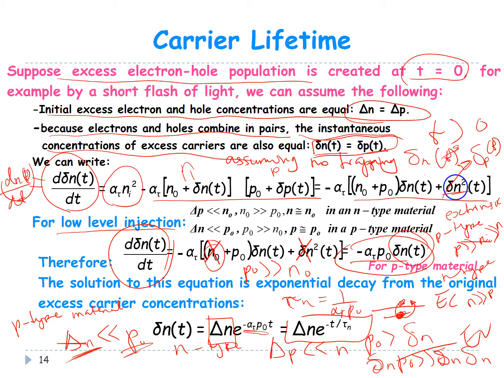So the excess electron carrier concentration decays with t from the initial excess electron concentration through this relationship.